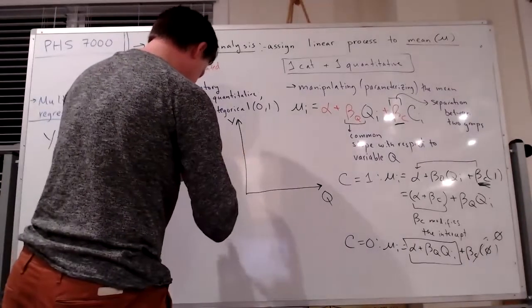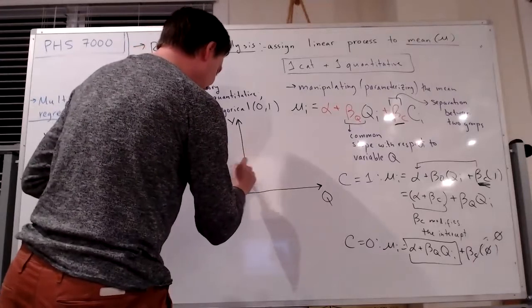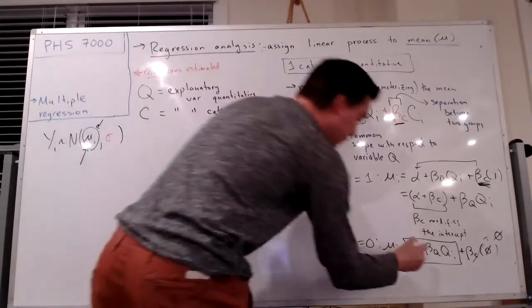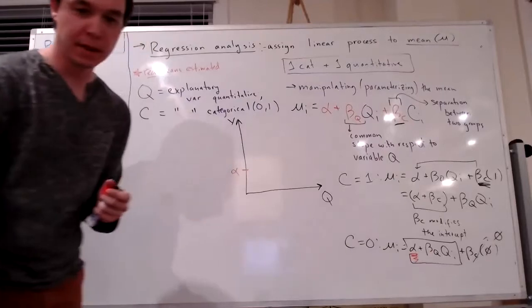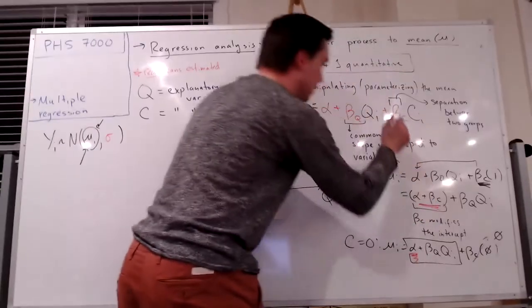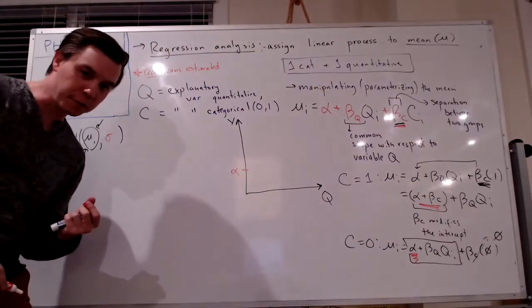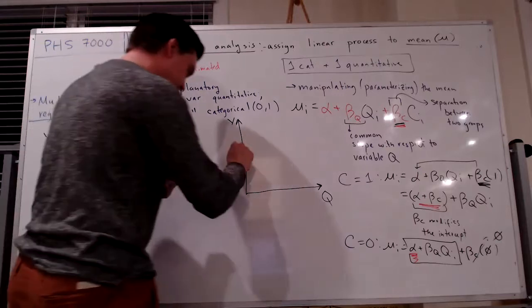One of them has the intercept of alpha. The other one has the intercept of alpha plus this beta coefficient. This is the beta coefficient for the categorical term.